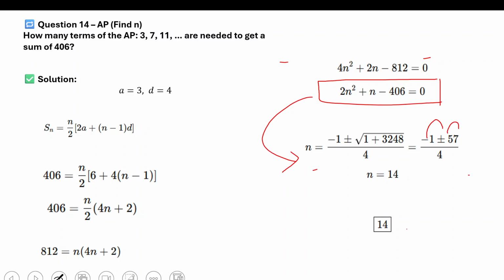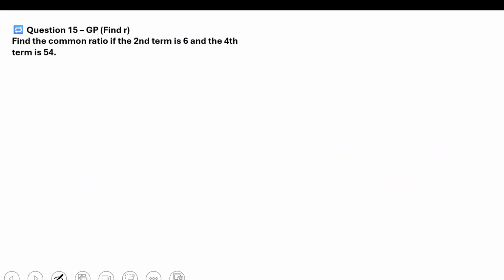The other root is minus 1 minus 57, and that root is a no-no for us. So minus 1 plus 57 is 56 over 4, which gives you 14. So the number of terms needed to get a sum of 406 is 14.